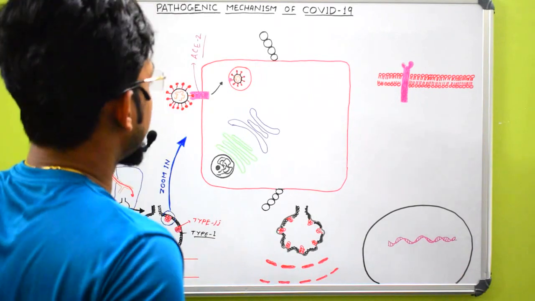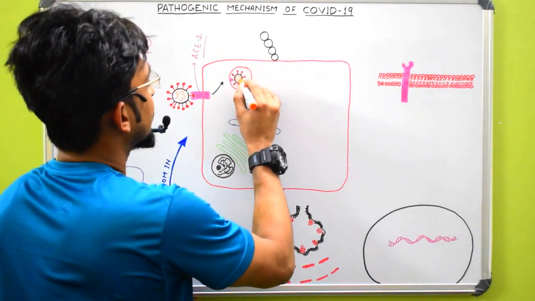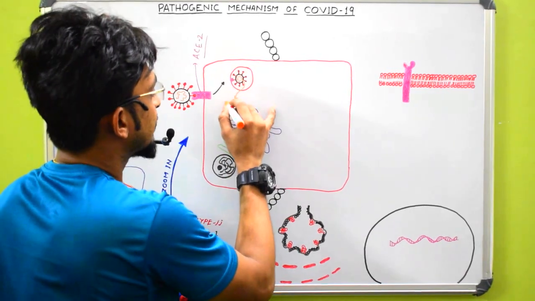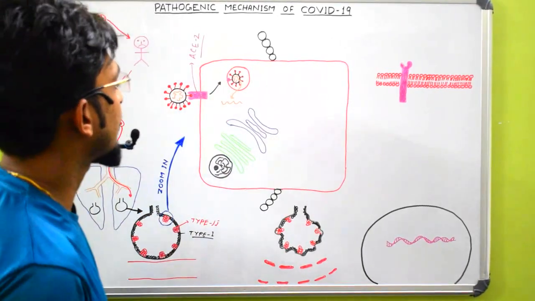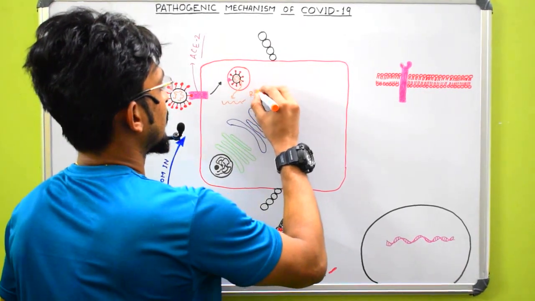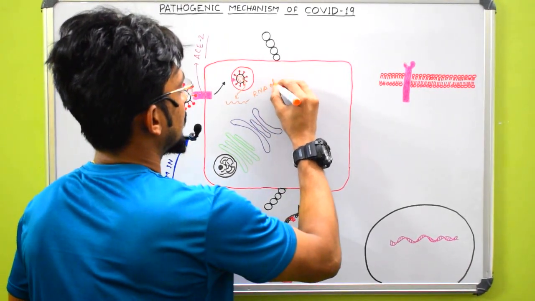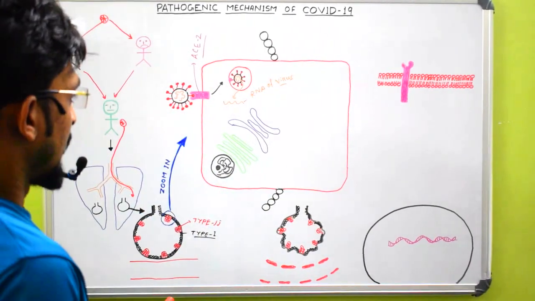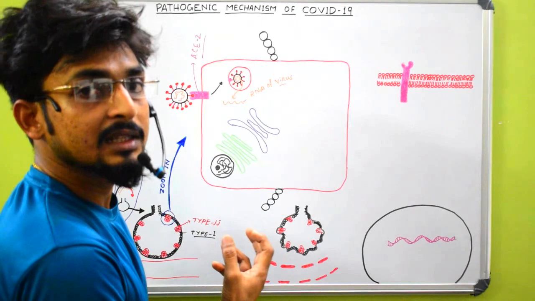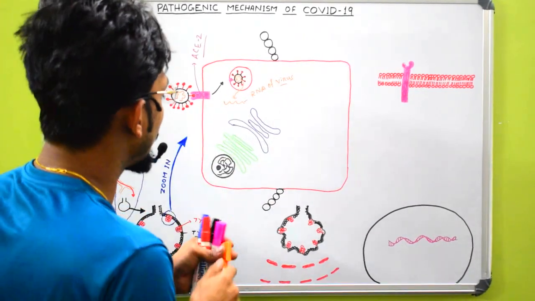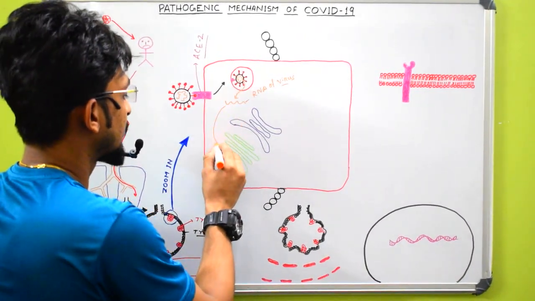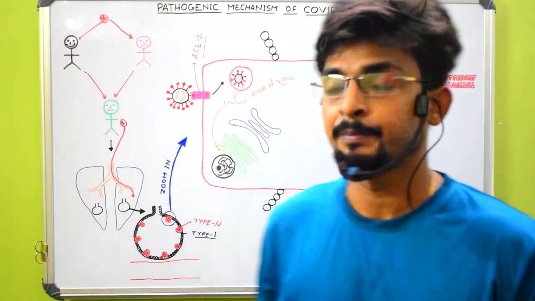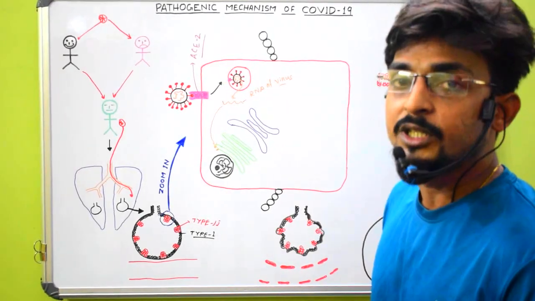Now, once the RNA is released in the host cell, that is the type 2 pneumocyte cell, this is the RNA of the virus. As the RNA is released inside the cell, it will go and bind with ribosomes that are sitting on the endoplasmic reticulum and synthesize different types of proteins.